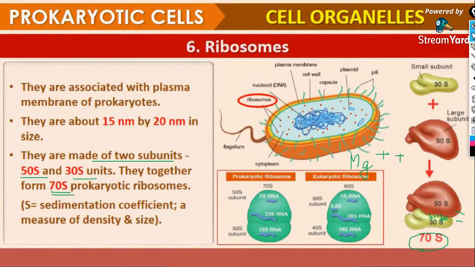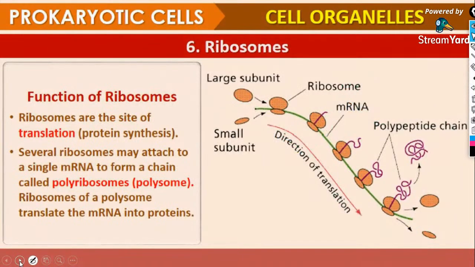Okay, we will not write Mg2 plus, we will write Mg++. So we have completed nucleoid, flagella, pili, and fimbriae, and now we are going to complete ribosomes.